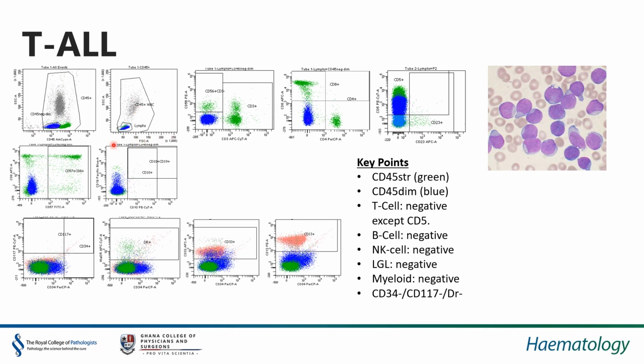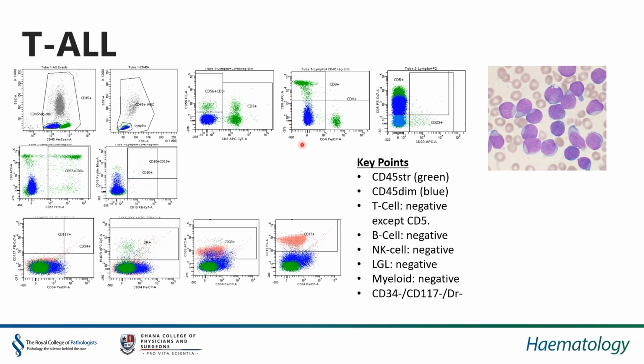Looking at the next plot along here, you can see that these cells are negative for surface CD3, so these are our normal T cells over here, and they're negative for CD56, these are our natural killer cells up here. So the cells that we're interested in are these blue ones down here. They're negative for CD4 and CD8, which is this plot here, so our single positive CD4s, CD8s, and it's negative for both.